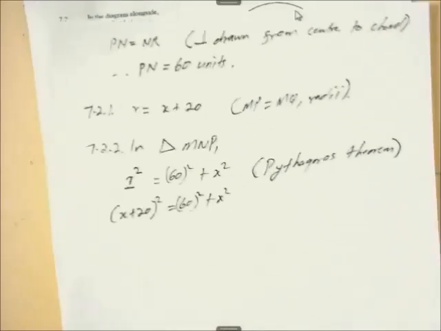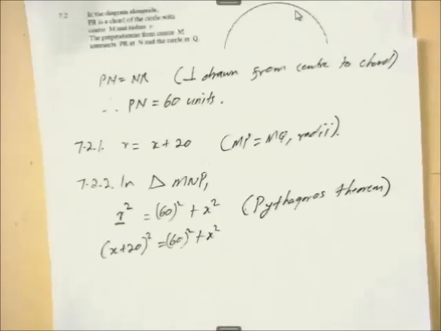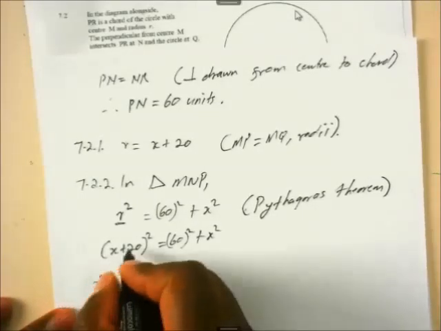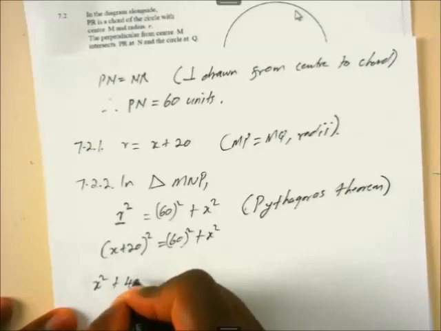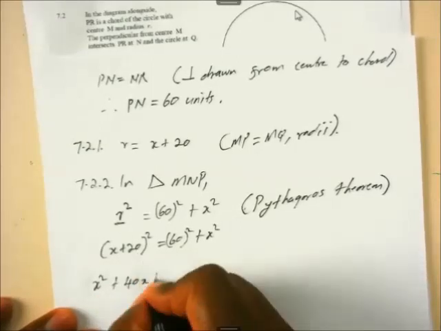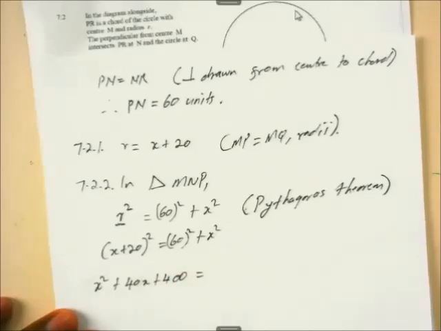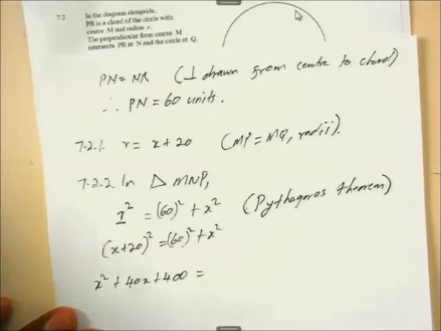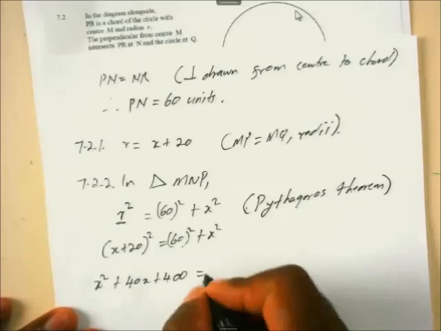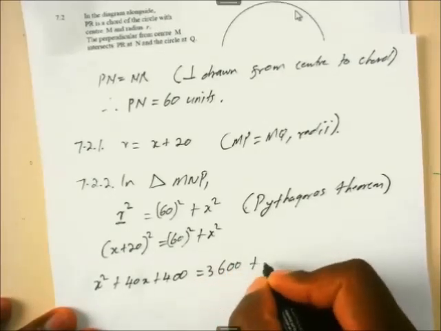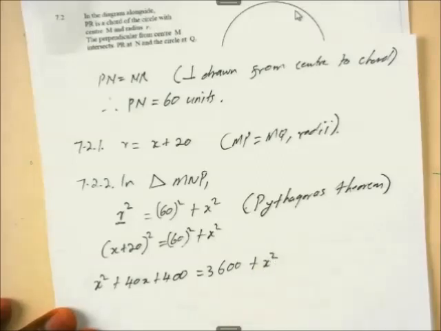Now let's apply algebra to solve this one. If you expand here, you've got X squared. Multiply here, you've got 40X. You square 20, then it will give you 400. You square 60. 60 squared will give you 3,600, plus X squared.